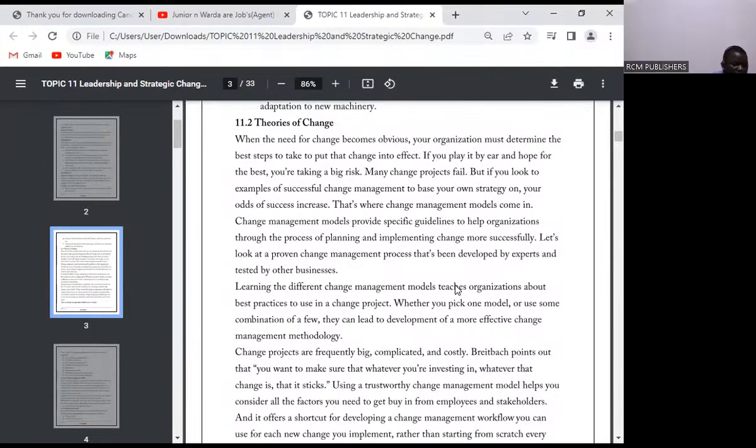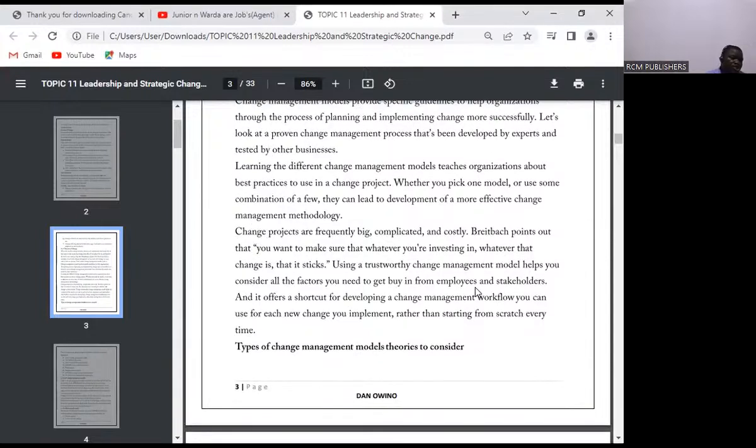Whether you pick one model or use some combination of a few, they can lead to development of a more effective change management methodology. Change projects are frequently big, complicated, and costly. Bribach points out that you want to make sure that whatever you are investing in, whatever that change is, that it sticks.